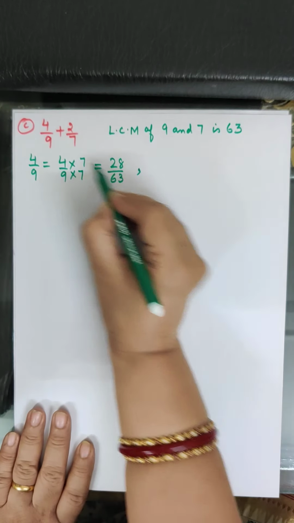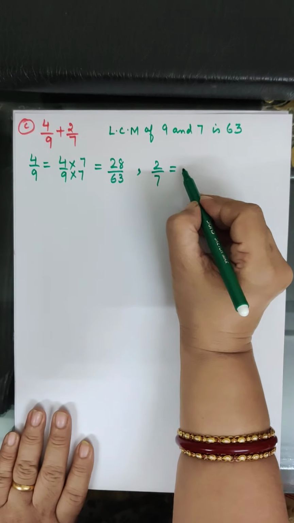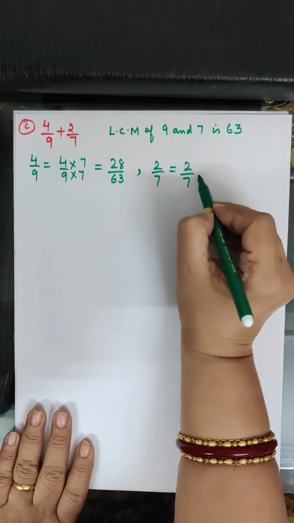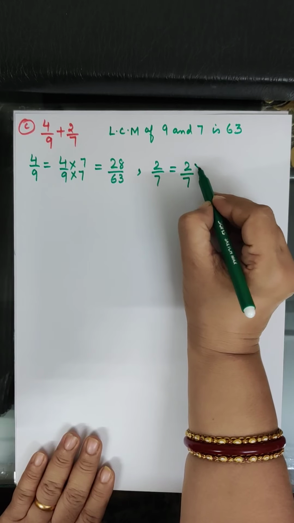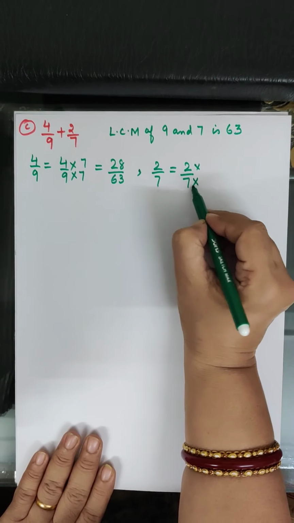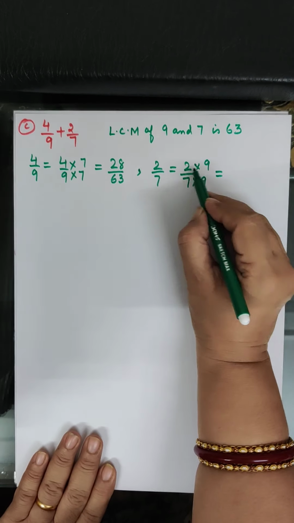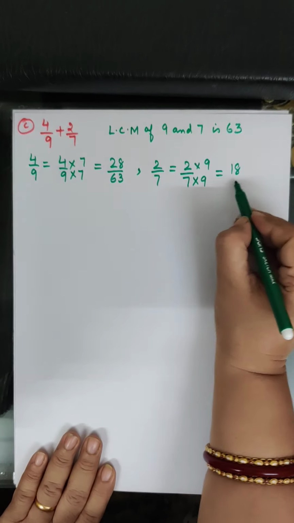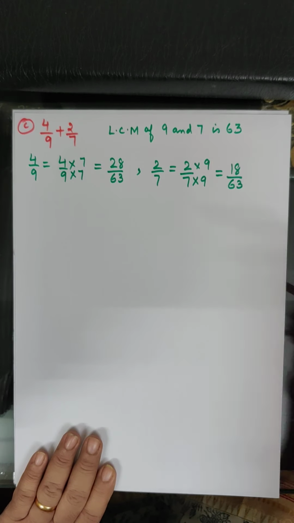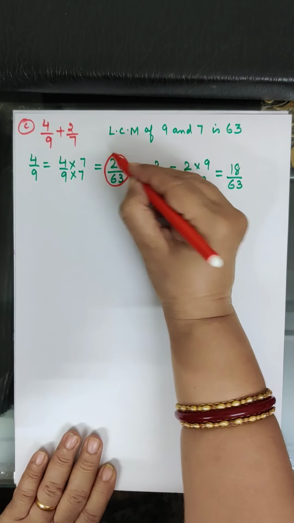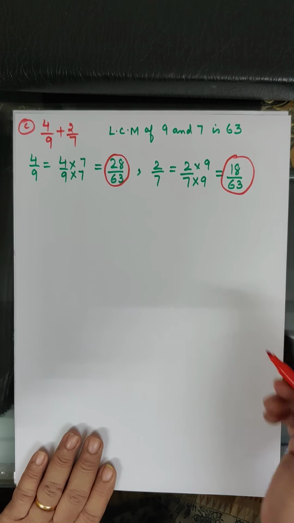Okay? And 2 by 7. 2 by 7 is equal to what? 2 by 7. Then we multiply numerator and denominator by 9. So 2 9s are 18 and 7 9s are 63. Okay? So now we have this fraction and this fraction. Okay?